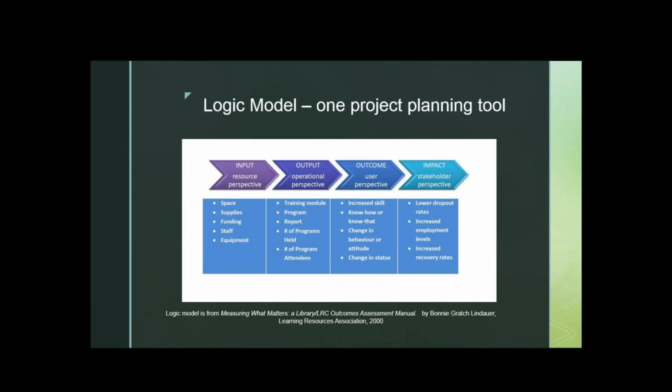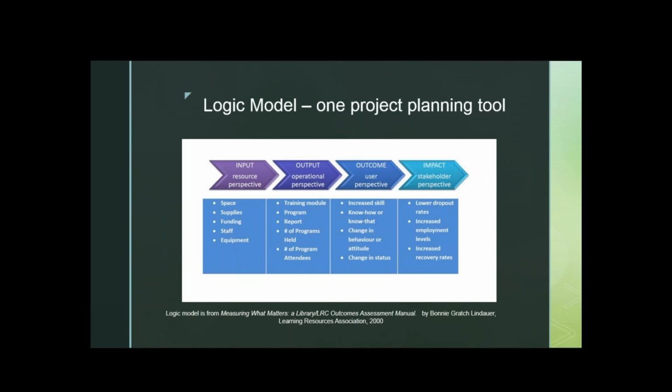Those are outcomes. And then the final step in this logic model are impacts, and those are written from the perspective of a larger stakeholder, like your community. And so you kind of ask yourself questions like, well, what does those people who attended the book discussion group, what does their knowing about Mind in the Making do for the community as a whole?